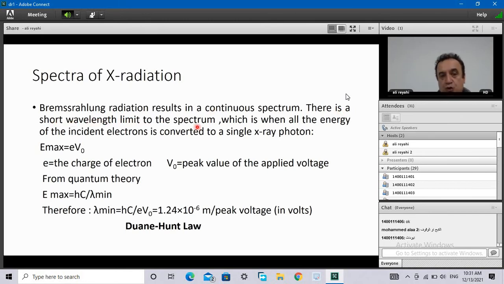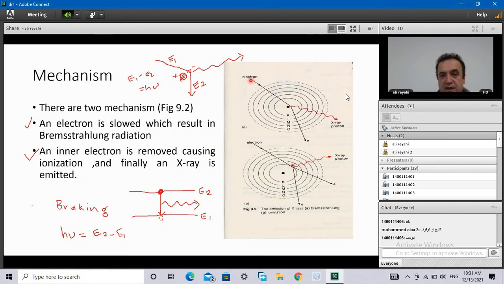There is a short wavelength limit to the spectrum, which is when all energy of incident electrons is converted to an X-ray photon. Yes, when an electron directly strikes the nucleus of the target atom, all of the energy of the electron will be converted to X-ray. I draw for you.